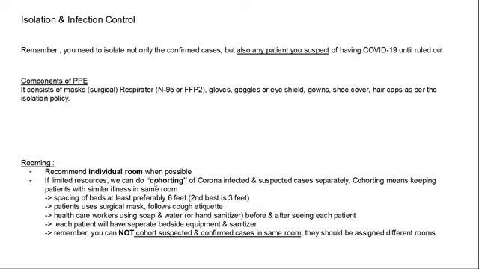Whenever you do cohorting, you are keeping more than one patient in one room. But make sure these patients are 6 feet apart, or if not then at least 3 feet, and that they are wearing surgical masks. After seeing each patient, you have to use soap and water or do hand sanitization, and each patient will have their own equipment and sanitizer at the bedside.